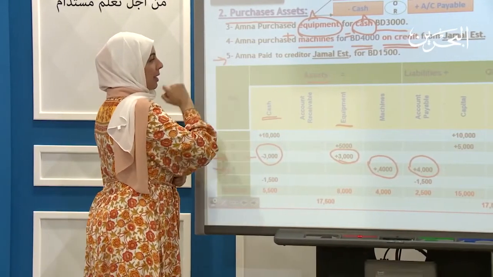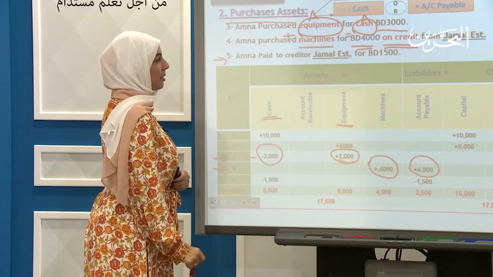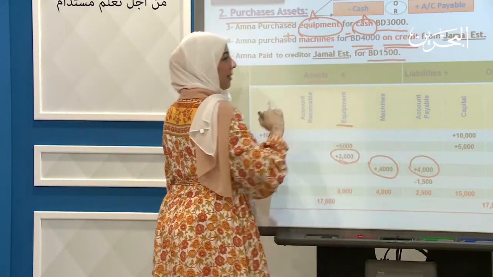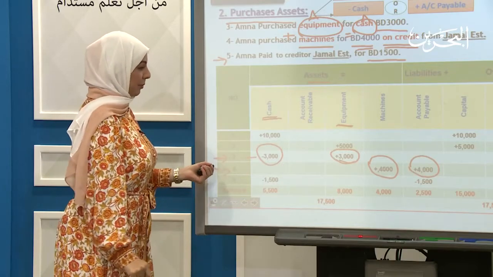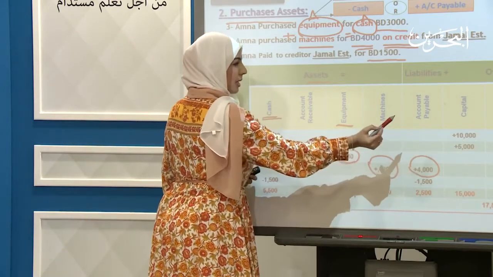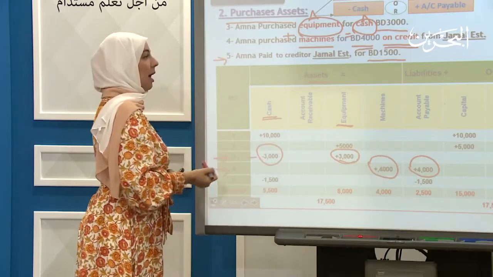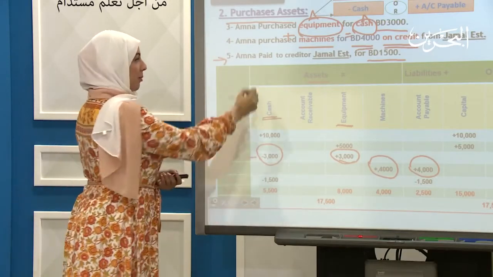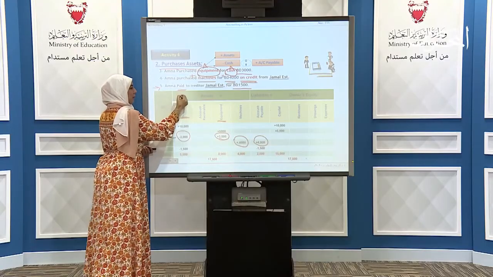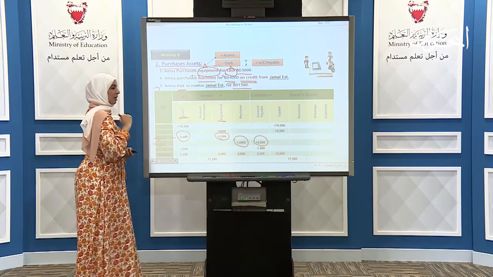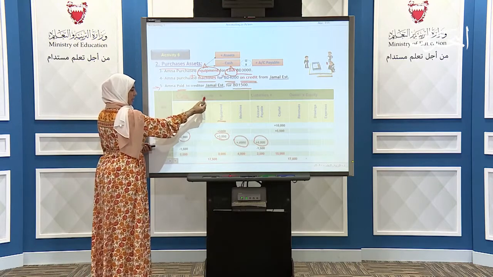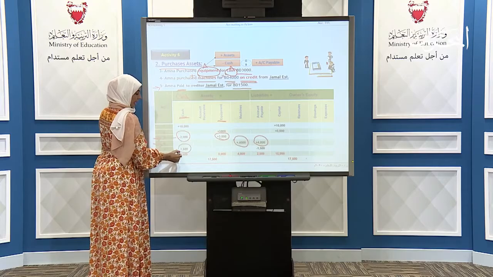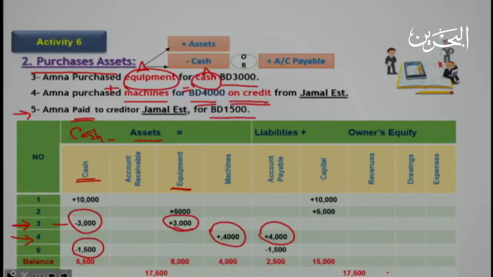Moving to the last transaction in this part, Amna paid creditor Jamal establishment 1,500. Before, in transaction 4, I had a liability of 4,000. In transaction 5, I pay part of this liability. If it is paid, the cash for me will decrease. So I will come to the asset section under the cash for transaction 5, and I will decrease the cash by 1,500.